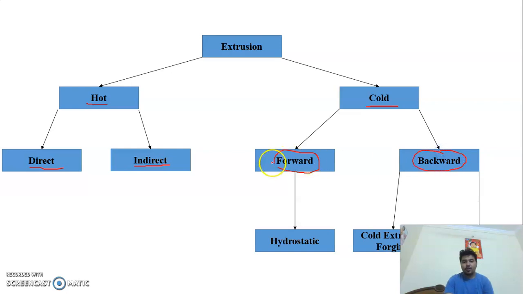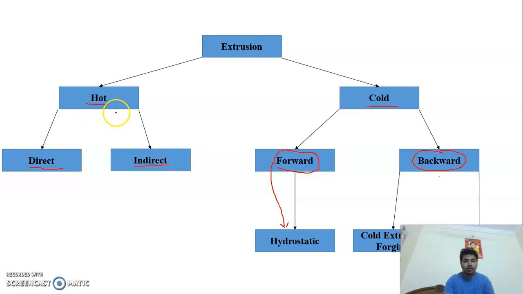The forward extrusion is hydrostatic extrusion, and the backward extrusion is further classified into two: cold extrusion forging and impact extrusion. I will discuss all types of extrusion process in this video.